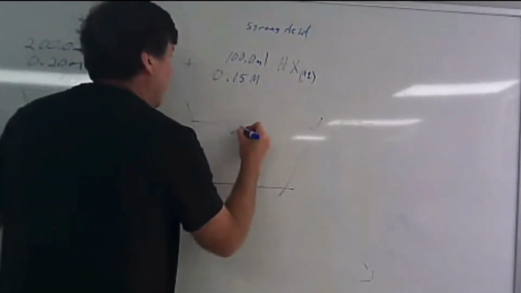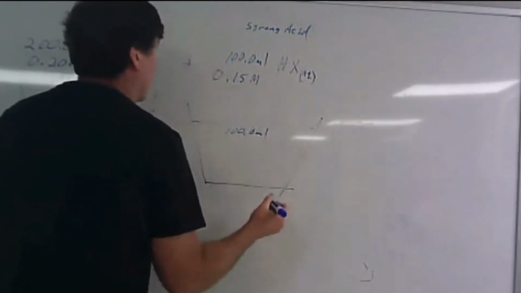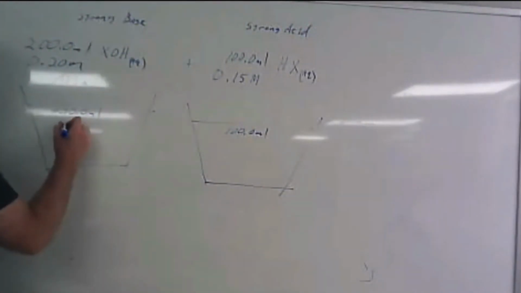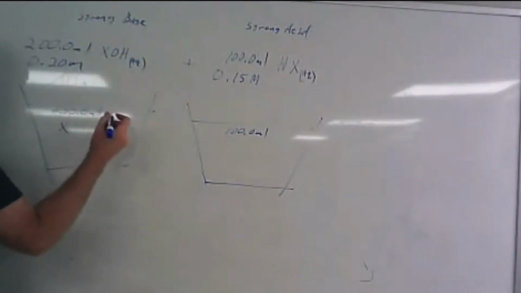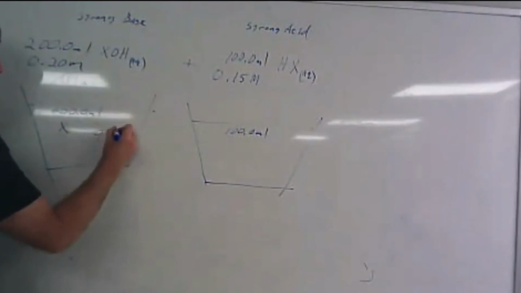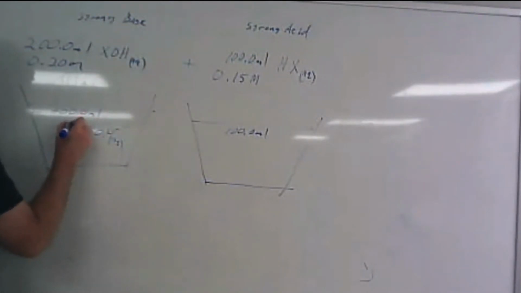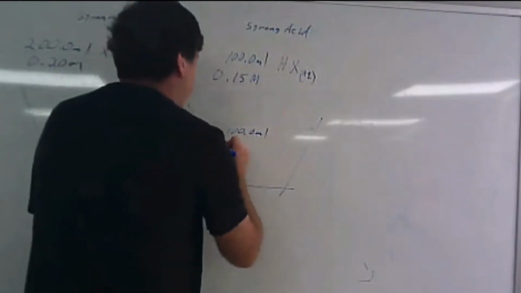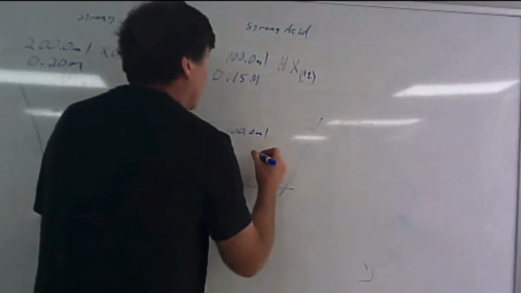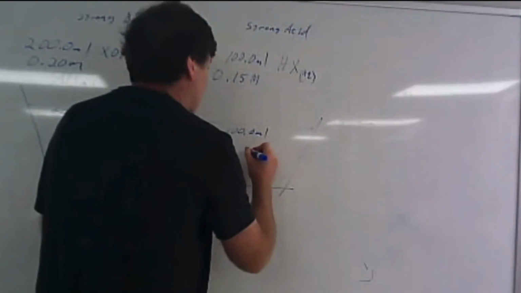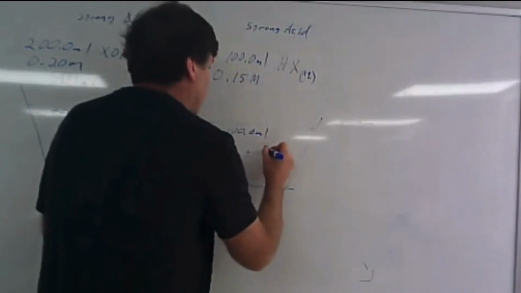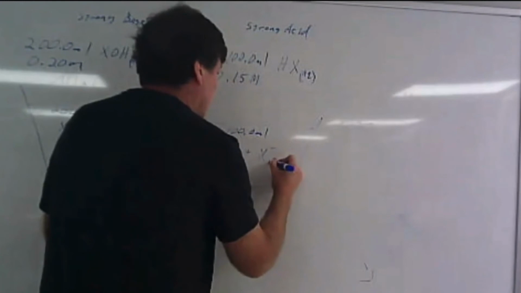Here's 100 mils. And this is XOH, aqueous. It's positive. That's H positive plus X minus.